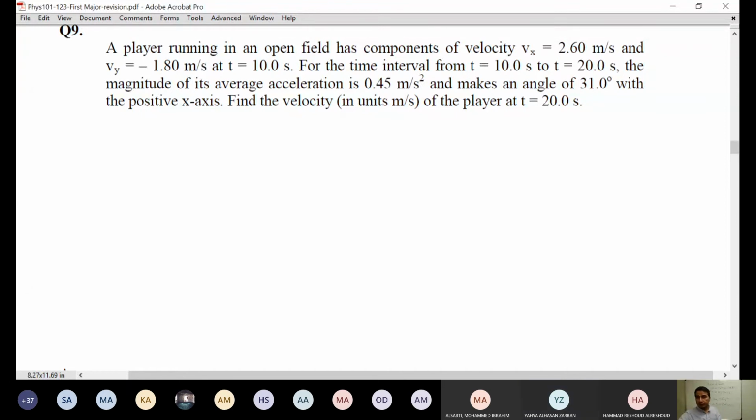So after t equal to 10 seconds, the time passed until 20 seconds is only 10 seconds. So the time interval you are going to use here will be 10 seconds, because that's the time interval from 10 to 20. Don't put 20, okay? So this is another complication here.